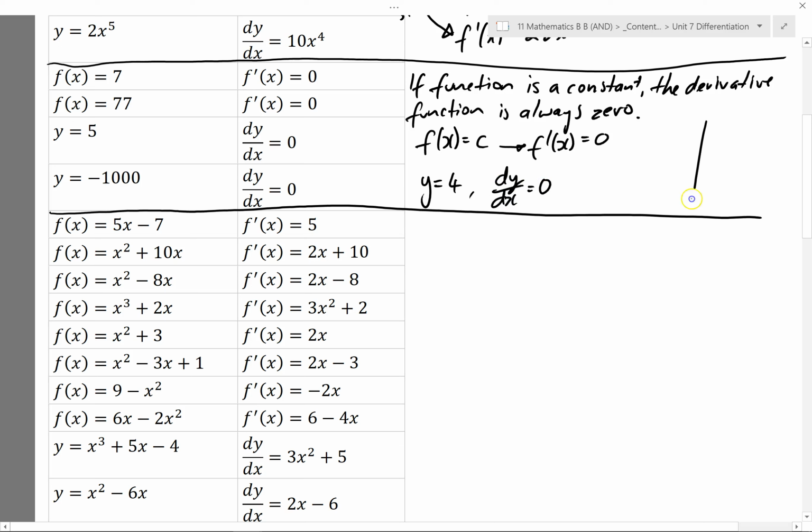Why is this the case? Because where my function is y equals 4, we can see at all points on this curve, the slope is 0. So it makes sense that my slope function, my derivative function, is always 0 regardless of what the value of x is.